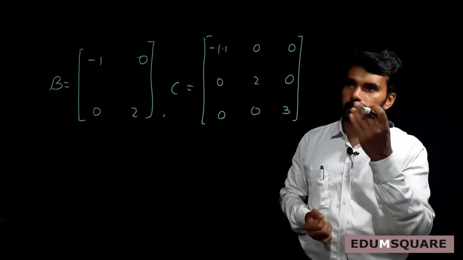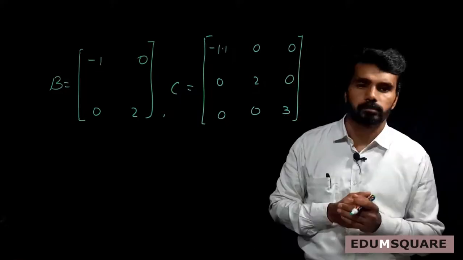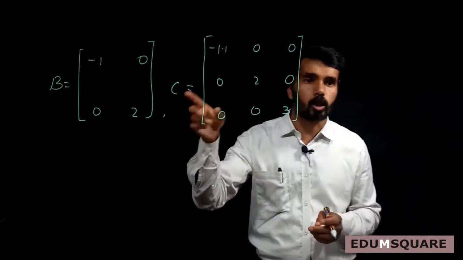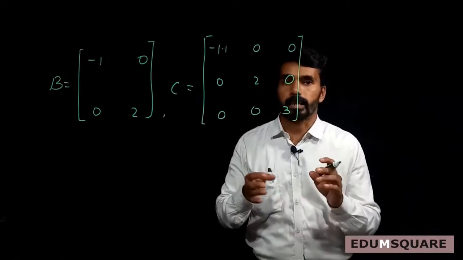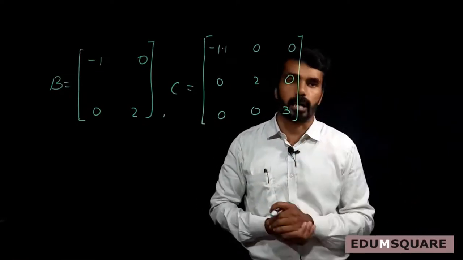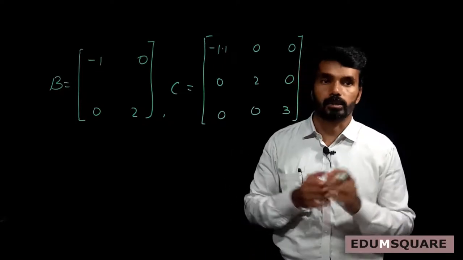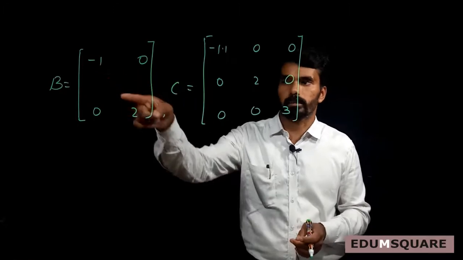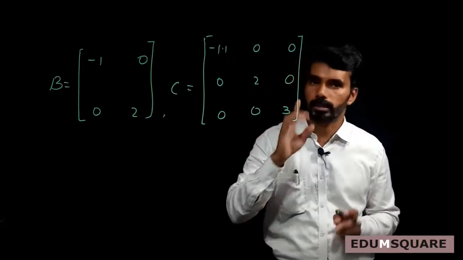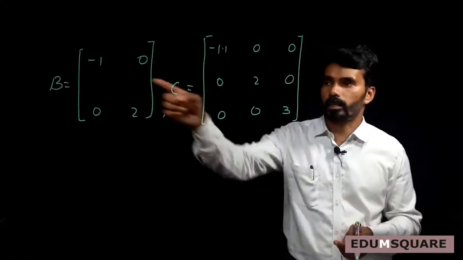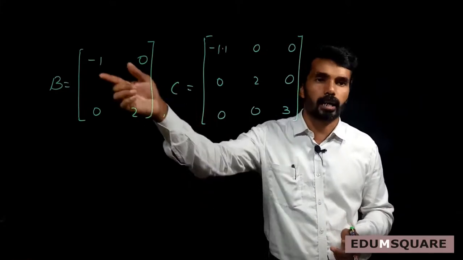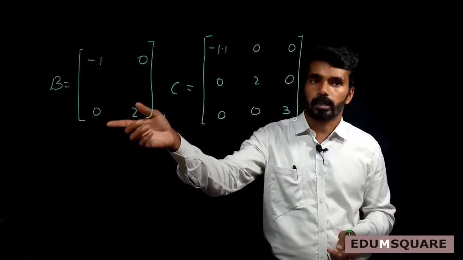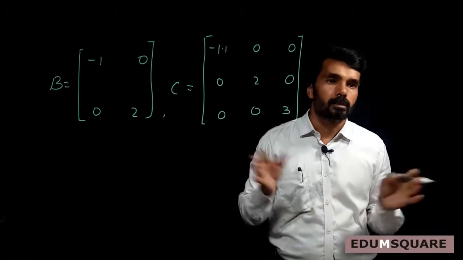Then can you see anything else? Yes, in both matrices, the non-diagonal elements are zeros. Here -1, 2 constitute the diagonal of this matrix B. Here the rest are zeros.